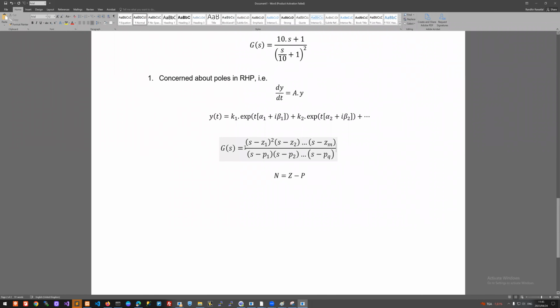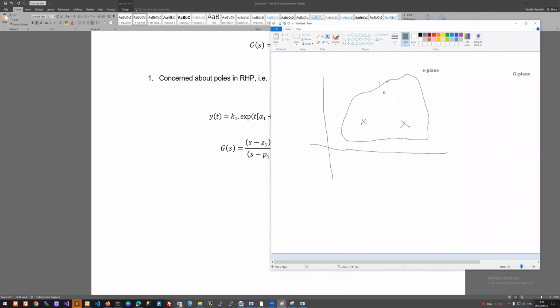So we showed that if G is of this form, then we have M zeros and P poles. And as we pick a contour, any closed contour, then we could observe how the angle of each of these parts change. So if you start on this 0 here, for instance, then as you travel around, as you pick different points on this contour, this line is rotating around this point.